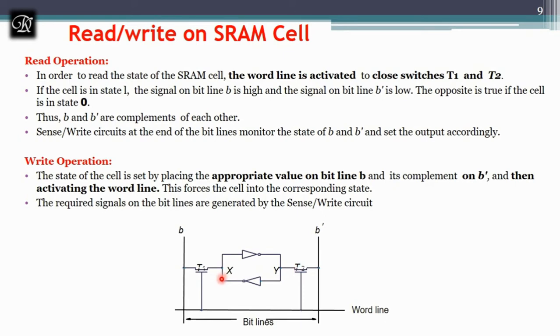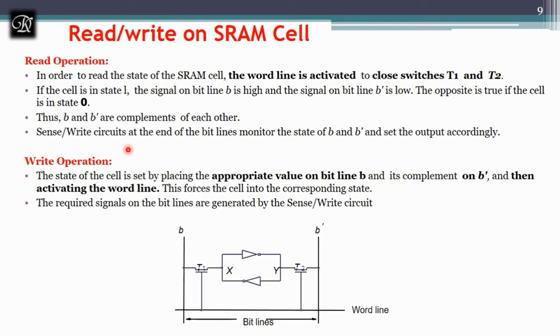If the cell state is 1, if the latch is in state 1, then the signal on the bit line will be high. The signal on this bit line from which we are going to read will be high, and the complement will be on B complement. So if one is high, the other will be low. These two are complements of each other, so that we can perform a read-write operation.